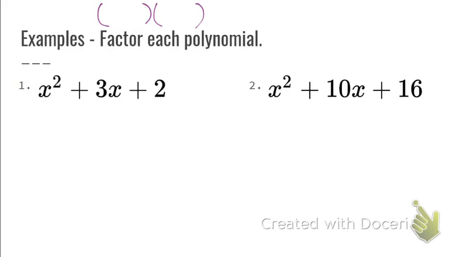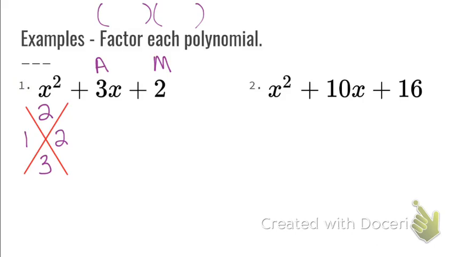We are always going to be multiplying to the number in the back and adding to the number in the middle. So when we set up our x, we are trying to find two numbers that multiply to 2 and add up to 3. Multiply to the constant in the back, add up to the middle coefficient. The only numbers that multiply to 2 are 1 times 2, and luckily 1 times 2 also adds up to 3.